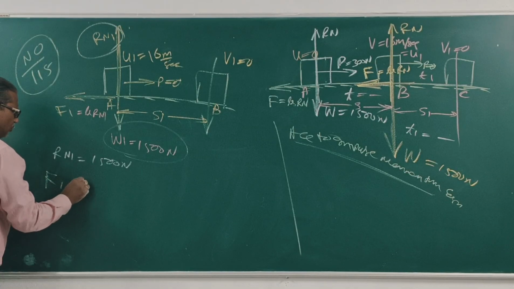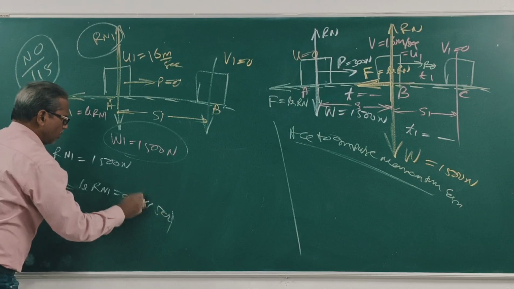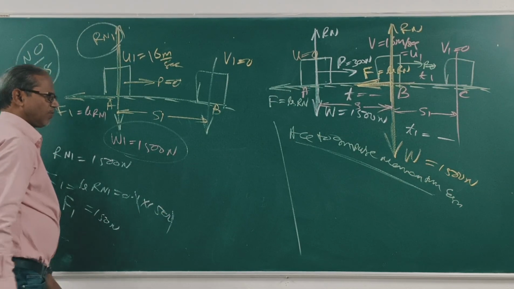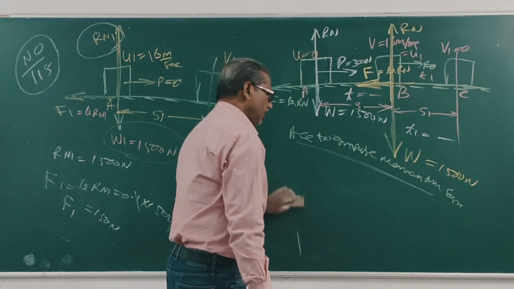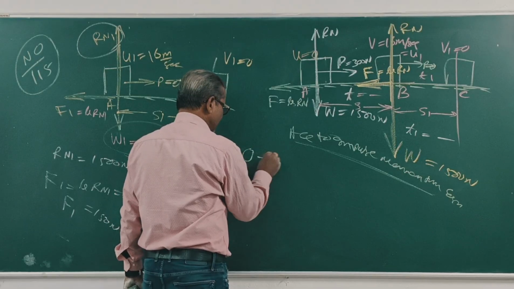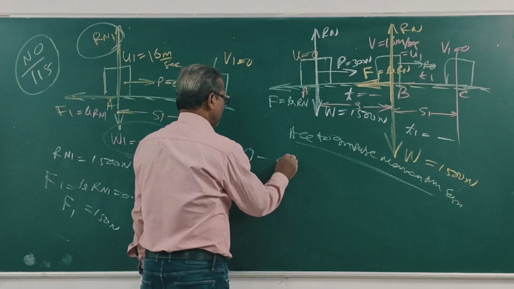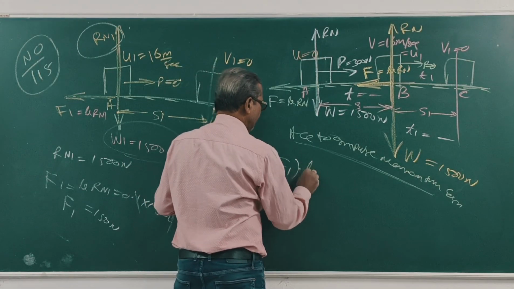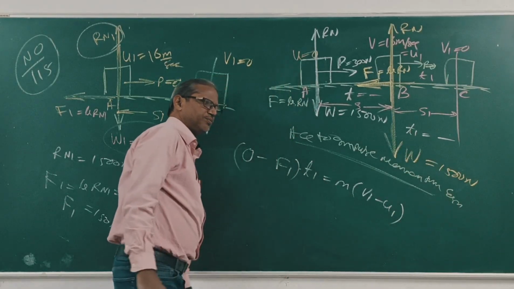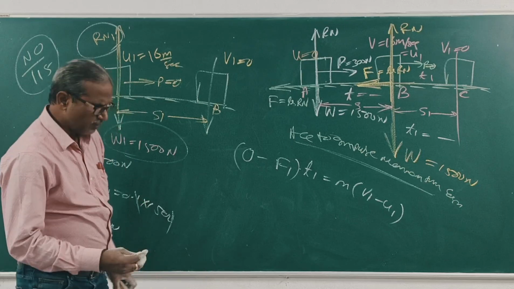F1 is equal to mu Rn1, 0.1 into 1500, 150 Newton. Now, according to the impulse momentum equation, 0 minus F1 into T1 is equal to M into V1 minus U1. This is the answer for this question. Clear?